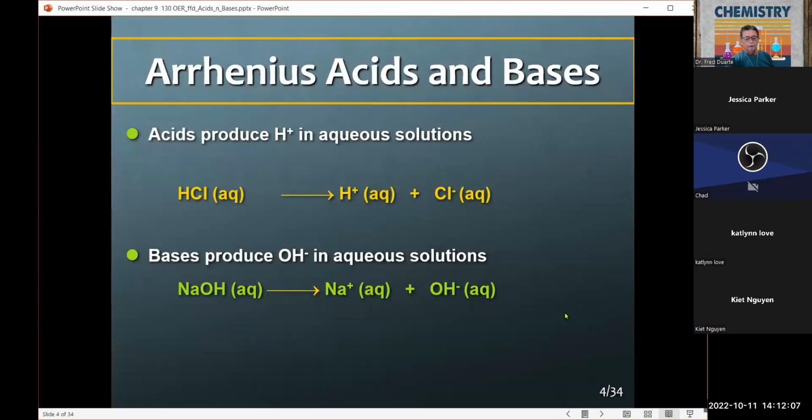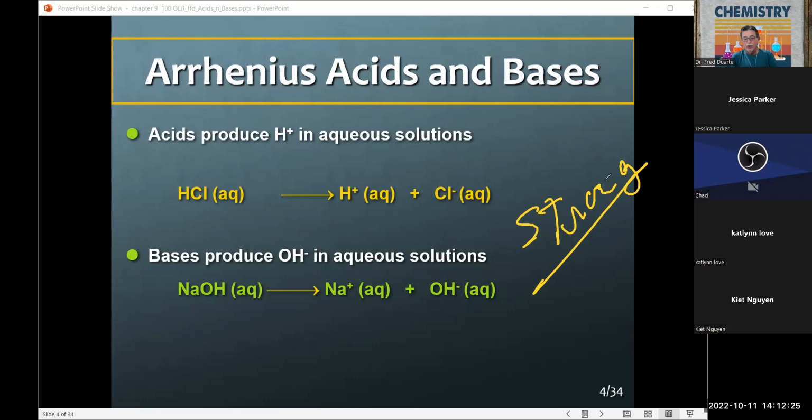All right, so here we go, sodium hydroxide. Sodium is the cation, always 100% soluble. So these two are examples of what we would classify with respect to strength as strong.